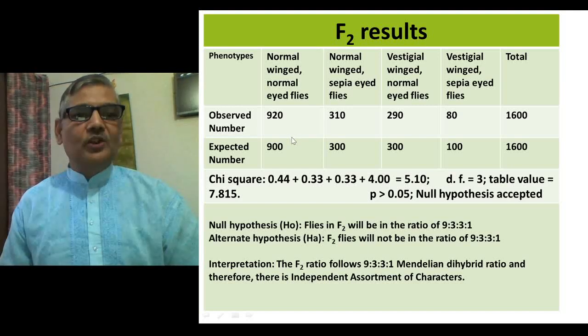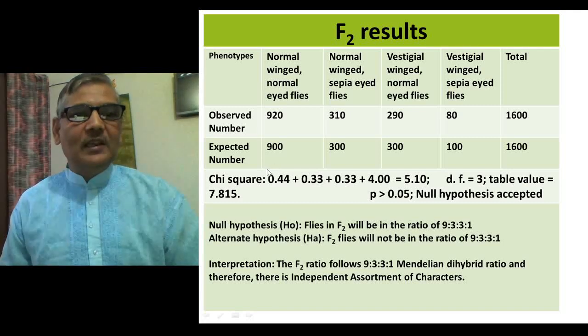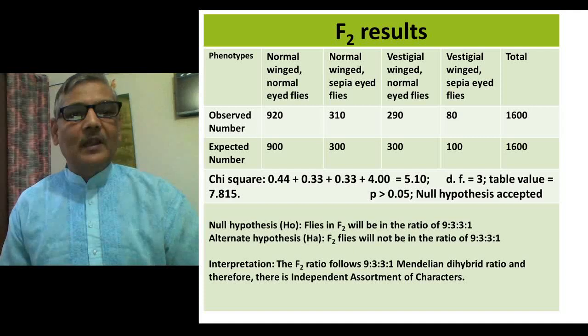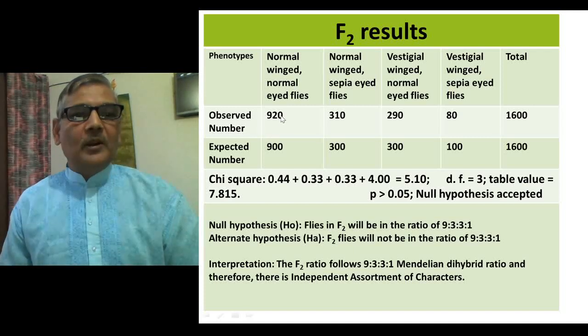As I told you in the beginning, you will be performing the chi-square test, whose formula is summation of (O minus E) squared divided by E, where O stands for observed values and E stands for expected values. Let me show at least one case: 920 minus 900 is 20.